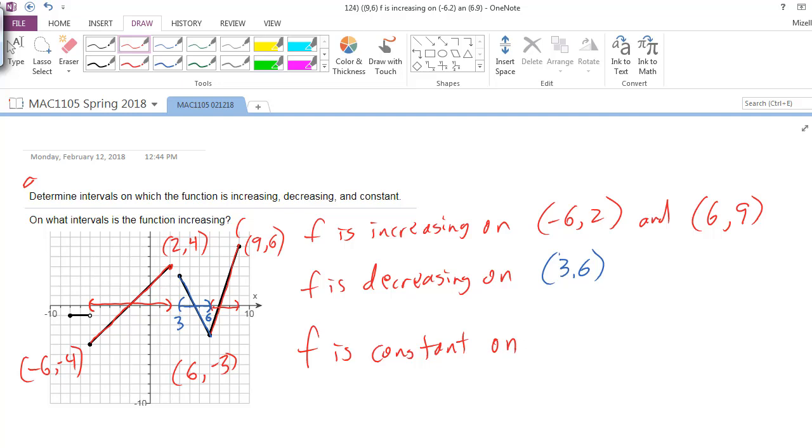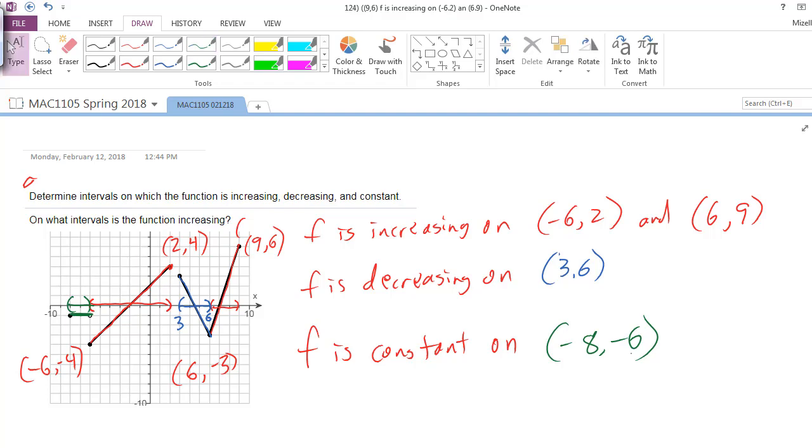We just look for a portion of the graph where it's a horizontal line segment, and I'm thinking it's right there. So from -8 to -6, that's where the graph is constant.